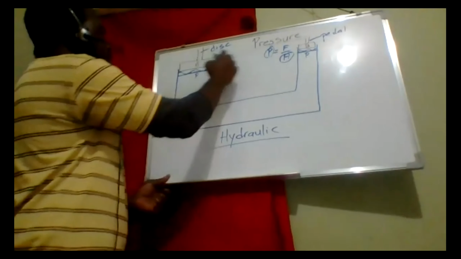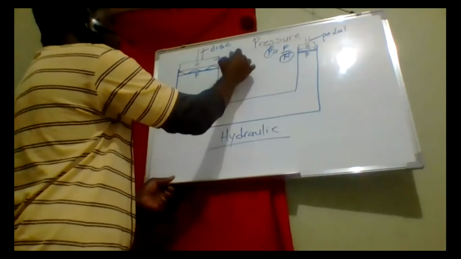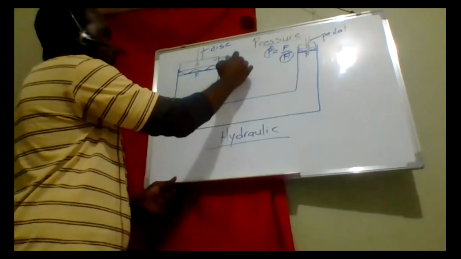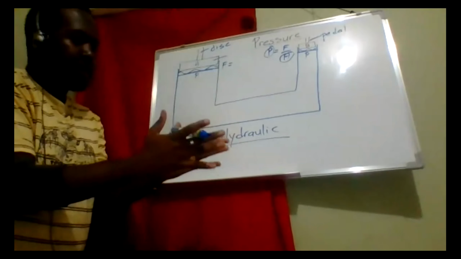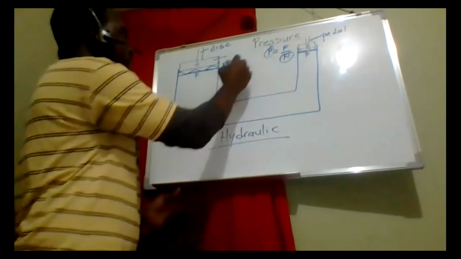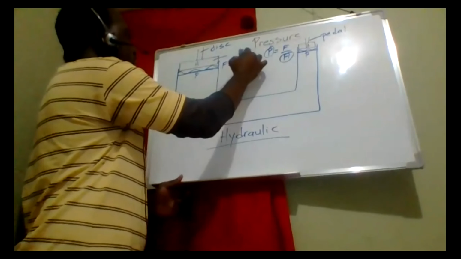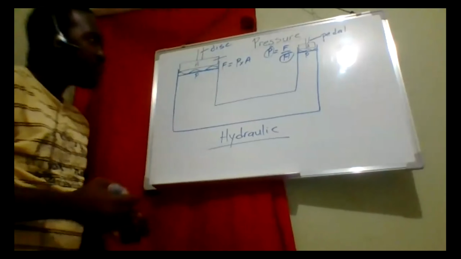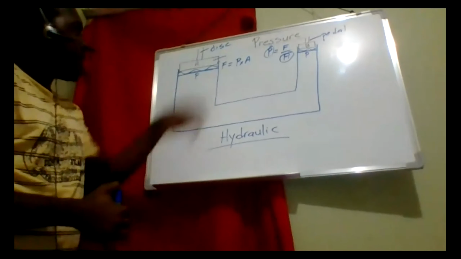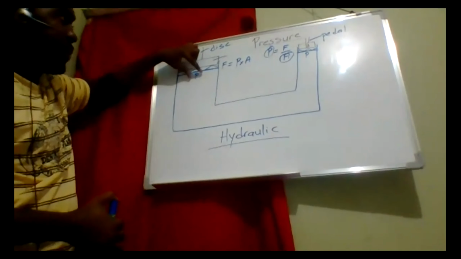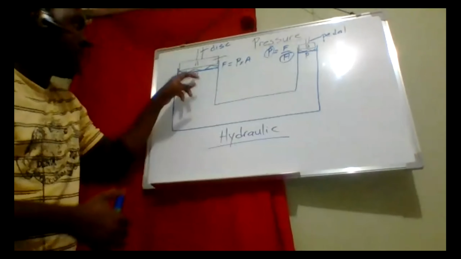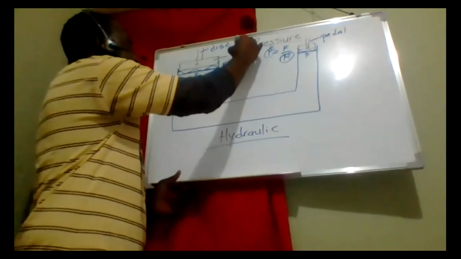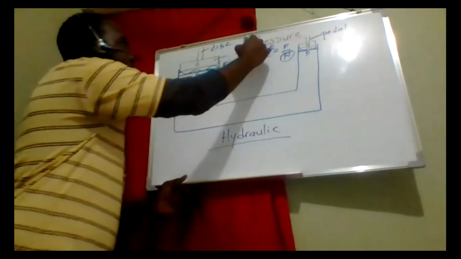So remember now, we want a force. We're looking at the force that will be produced to cause the disc to actually stop the car. So force is equal to pressure times area. We have a high pressure being generated here. So this pressure is high, and also the area is high.